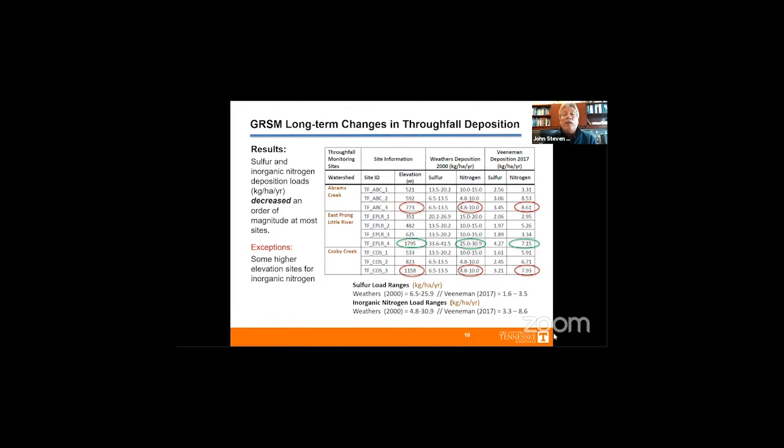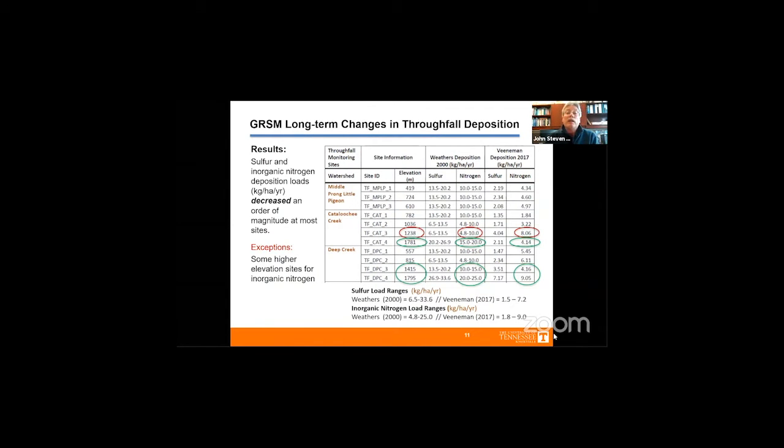So for example, in Abrams Creek, you can see the circles at the top, she reported a range of 4.8 to 10, and we computed an average of 8.61. And then Cosby Creek, the one at the bottom, this is a little bit higher elevation at 1,158 meters, same kind of range in nitrogen, and we collected 7.93 kilograms per year.